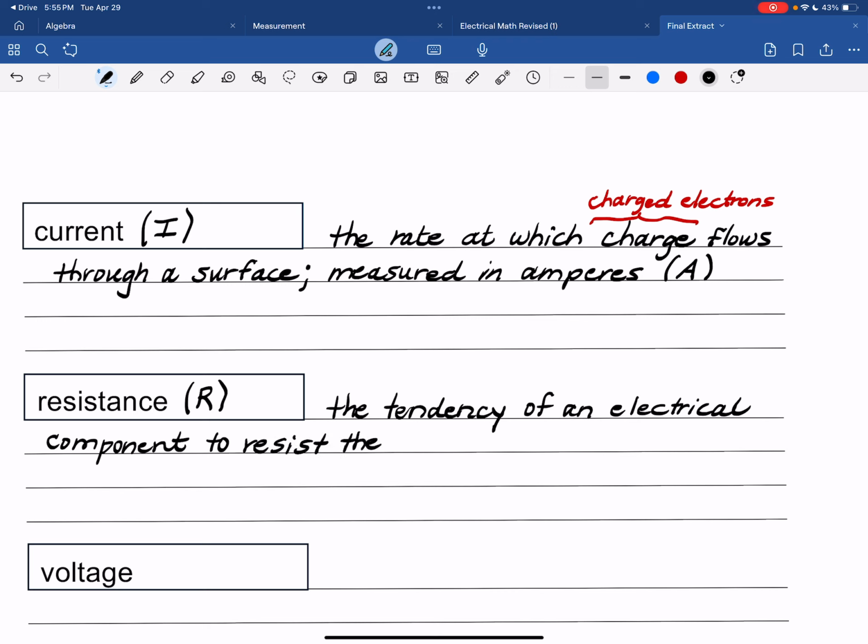And I'm going to say electrical current. This one is measured in ohms.